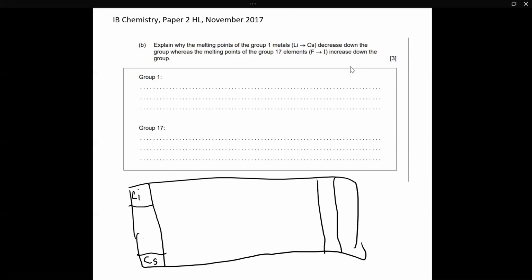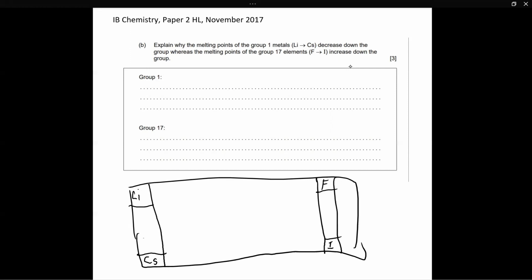You have potassium, you have rubidium, you have a bunch of other metals. So you can just take a look at a periodic table and get an idea. As for group 17, they are the halogens. It starts with fluorine and it goes all the way down to iodine. And in the middle, again, you have a bunch of other elements like chlorine, bromine, etc.